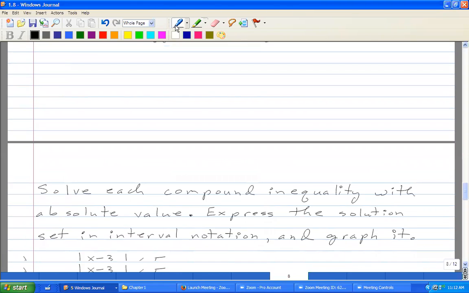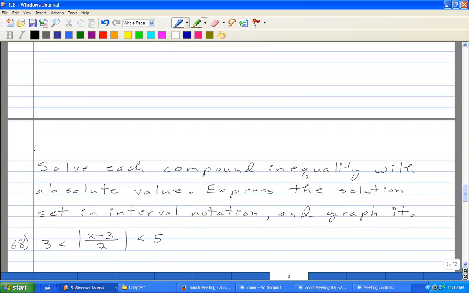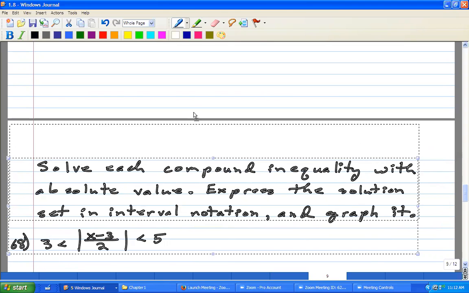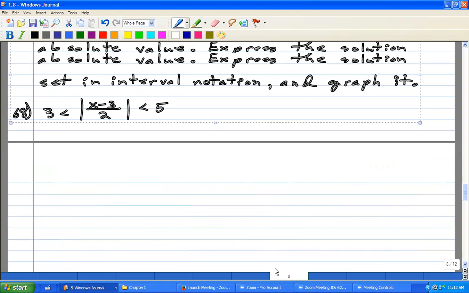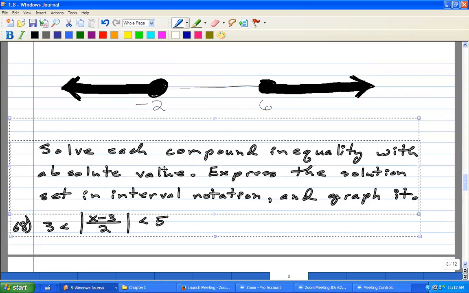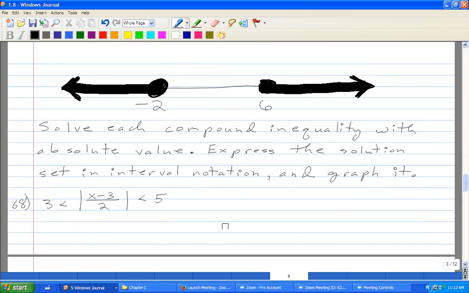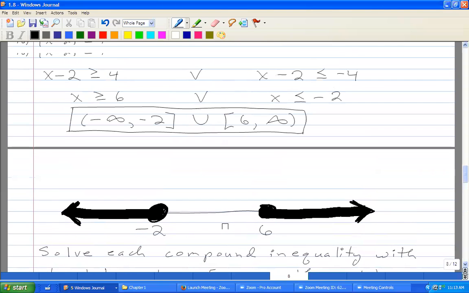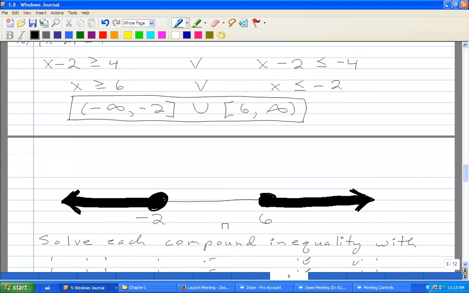Let's do 68. Now I can move this guy up. Solve each compound inequality with absolute value. Express the solution set in interval notation and graph it. Okay, so let's do this.